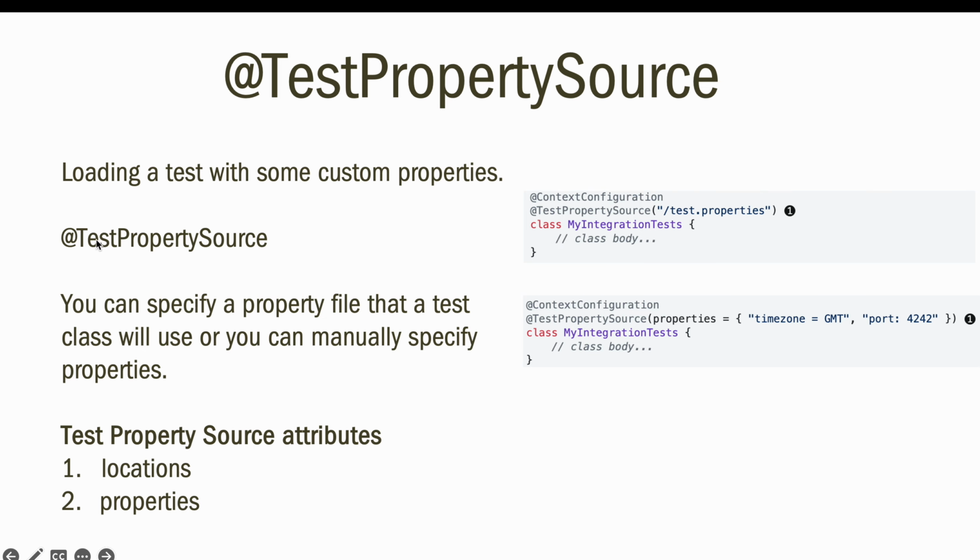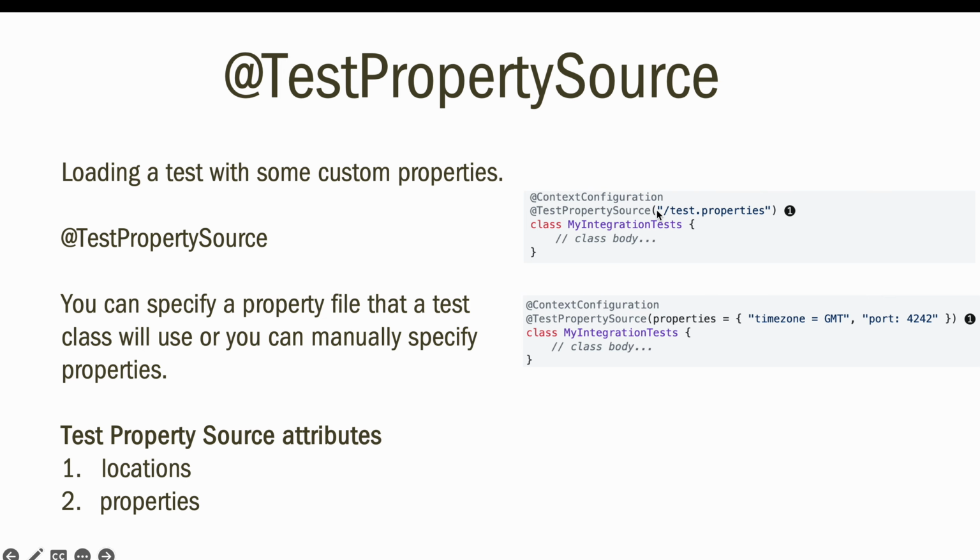So this test property source has a number of attributes, which includes locations and properties. So instead of specifying this like this, you could also use an attribute called locations. As we see here, we use the attribute called properties.